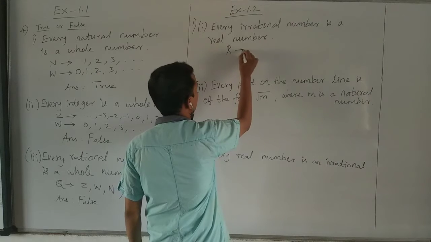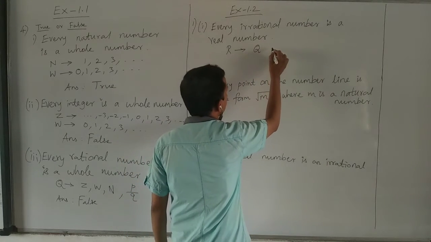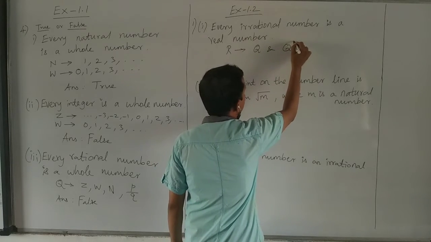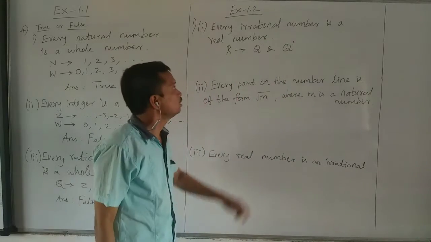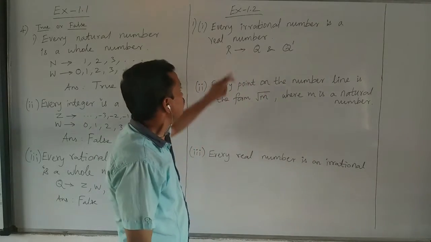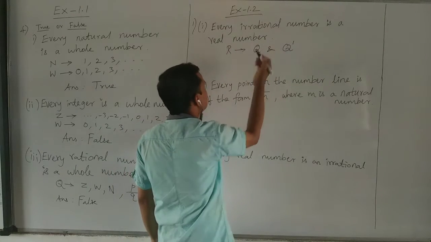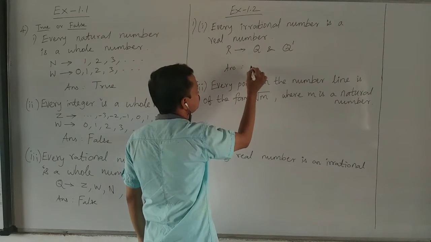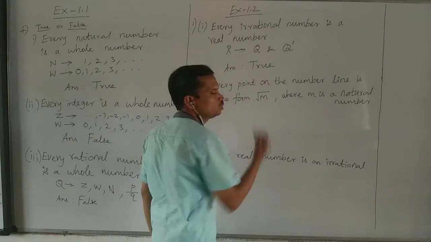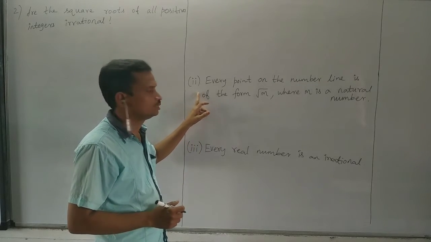Real number, capital R stands for real number, that is the combination of Q, rational number, and Q dash, that is irrational number. These two, rational and irrational, combine to form real number. So here every irrational is a real number, correct? So answer is true.